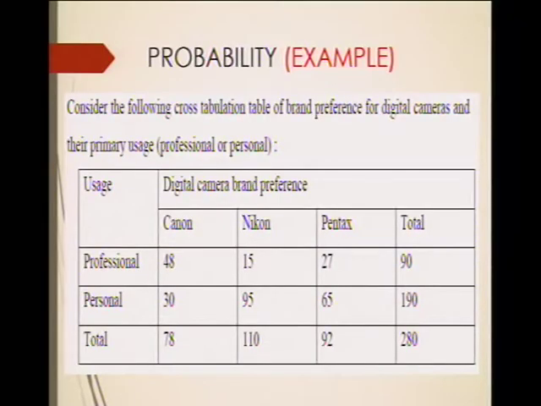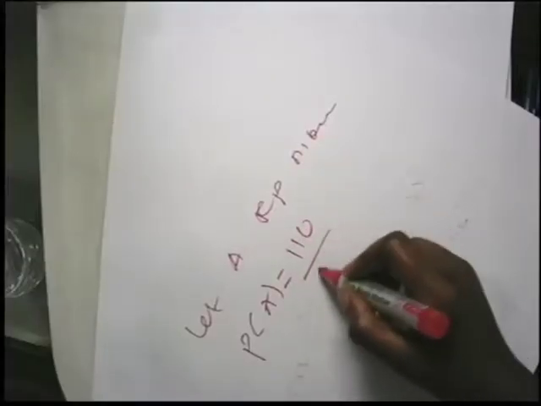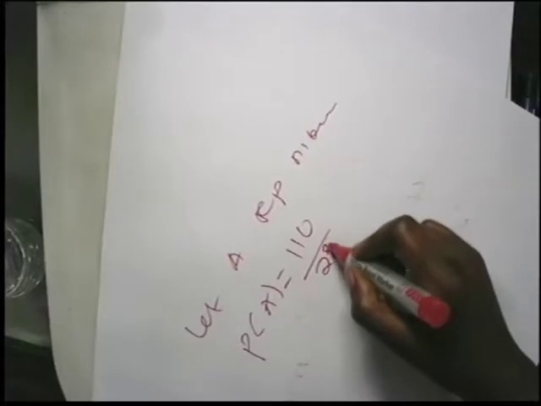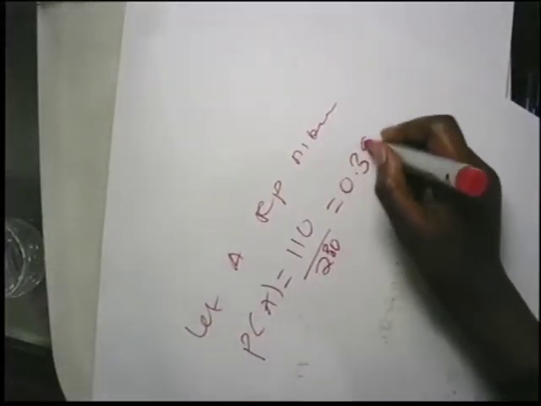Then the probability of selecting A at random will be 110 divided by 280, and that will give you a probability of 0.39. And that is what? 39% if you multiply by 100.